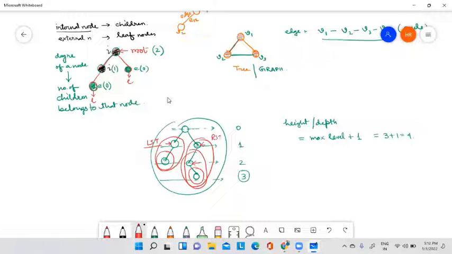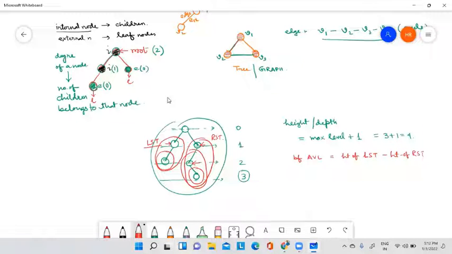We have already seen that to calculate the balance factor of the AVL tree, we calculate it by the height of the left subtree minus the height of the right subtree. We have already discussed this.